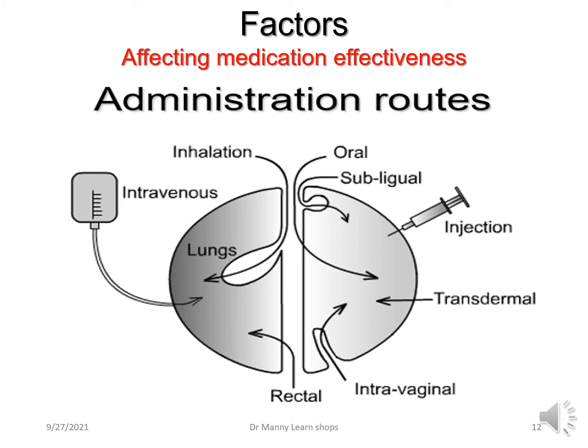There are medication administration routes. Well, the most effective, as we said, is intravenous, 100% bioavailability. Other sites, such as inhalational, oral, sublingual, transdermal, intravaginal, intrarectally, may not be as effective because of the first pass effect.